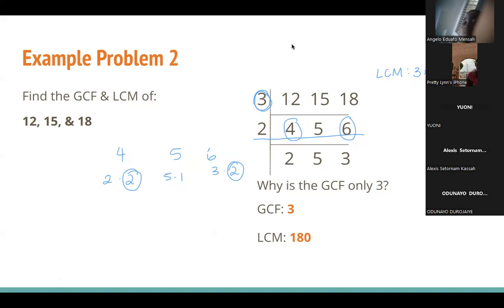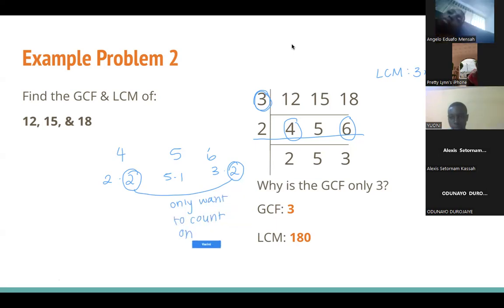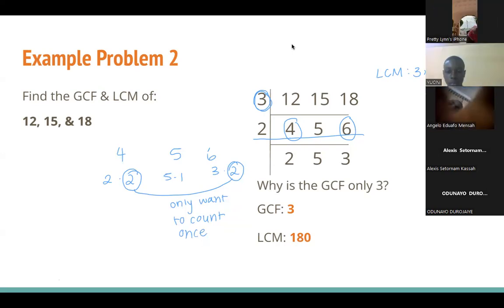So we only want to count this 2 once. Otherwise, we would be double counting it. Does that make sense to everyone? Does that make sense? No.